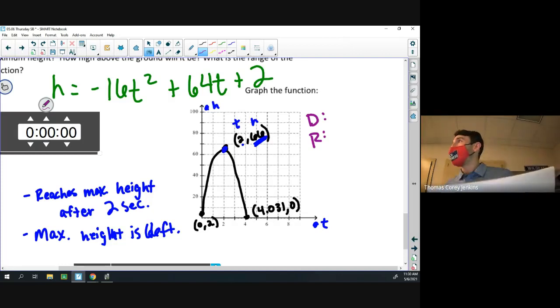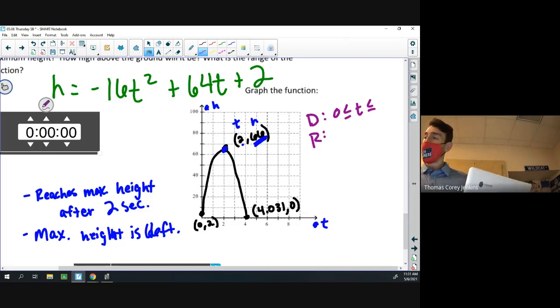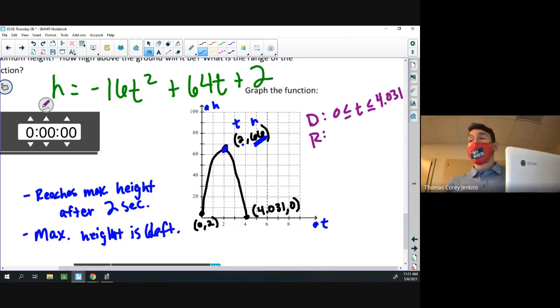All right, let me highlight what we're, go ahead. 0 is less than or equal to t, and then t is less than or equal to 4.0. Very good. Nice job. That's a good skill. All right, so that says our time goes from 0 up to 4.031 seconds, right? So it's like just over 4 seconds the ball's in the air.